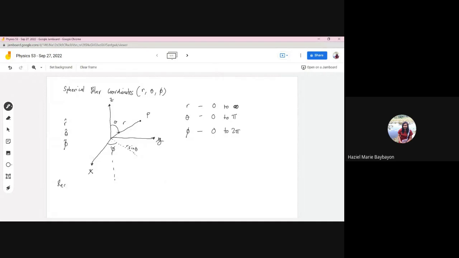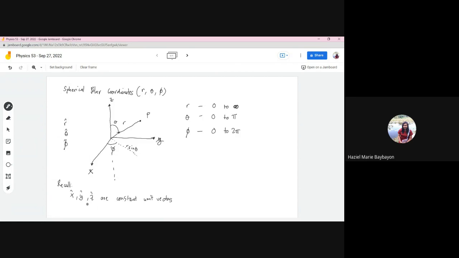Recall that x hat, y hat, and z hat are constant unit vectors, so if we integrate them, we can take them out of the integral sign.